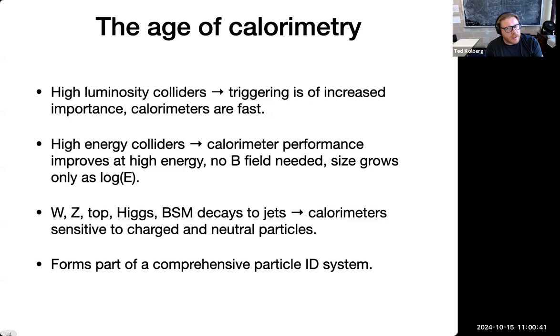Calorimeters are intrinsically fast. We're talking about times for showers to develop on the scale of nanoseconds, which is quite small relative to the typical bunch crossing frequency of these experiments. And it's relatively easy to get a good quality signal from the calorimeter out quickly in order to decide during the available trigger latency whether or not I actually want to read out the event.